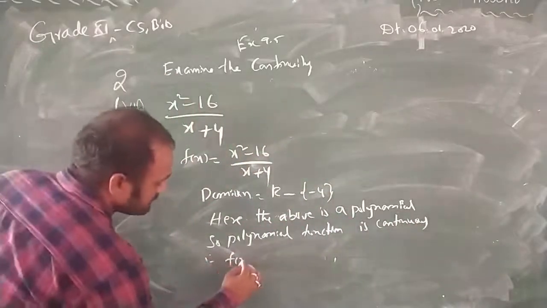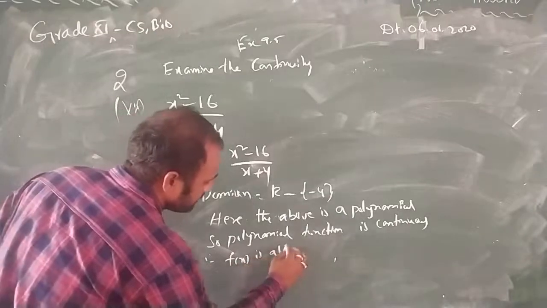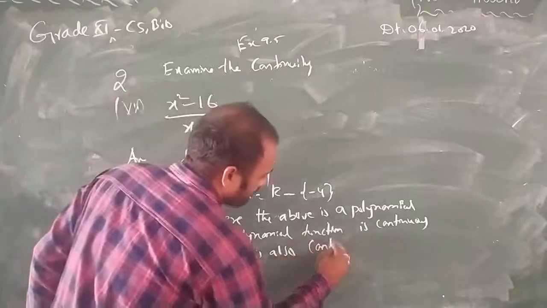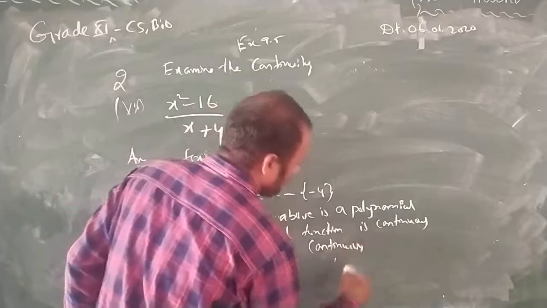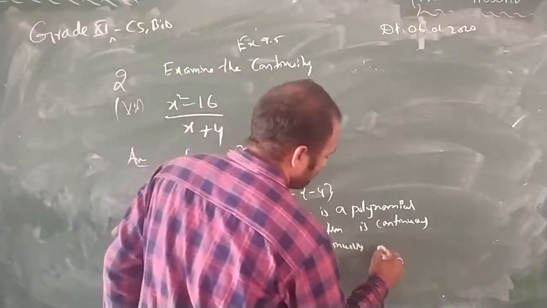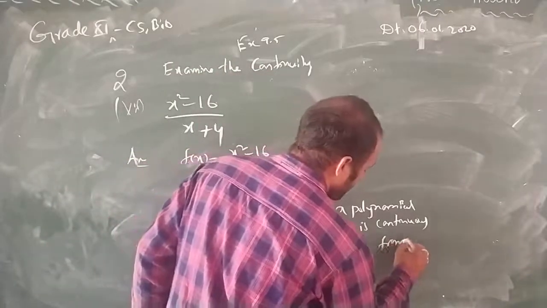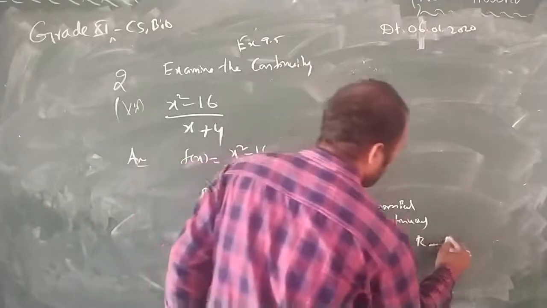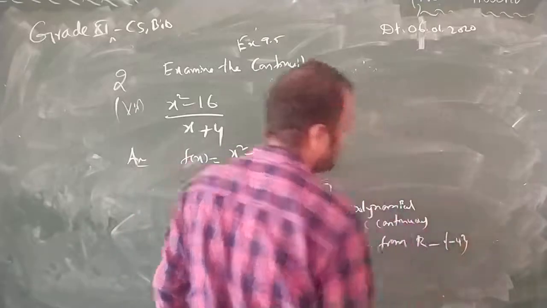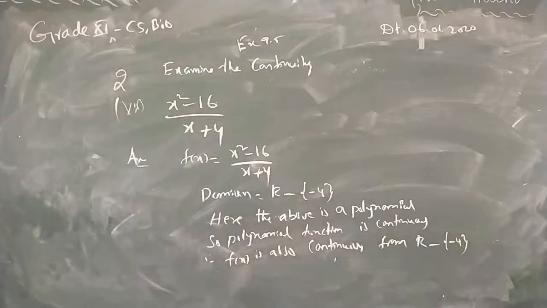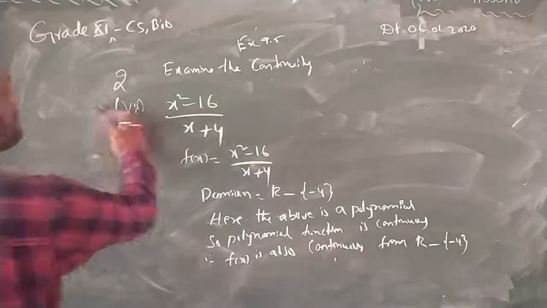Therefore, f of x is also continuous from R, except minus 4. Except minus 4, at all the remaining points it will be continuous. Now let us see the third exercise.